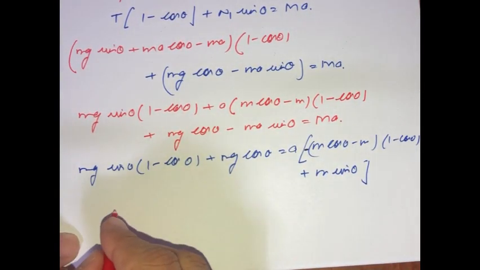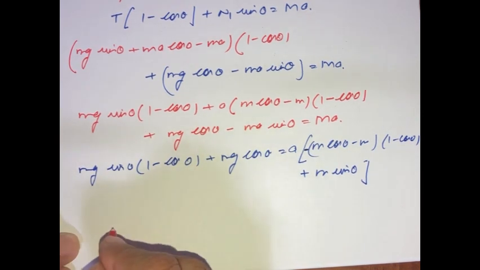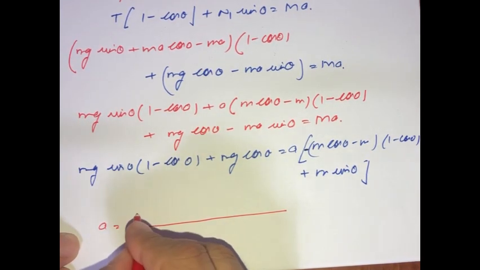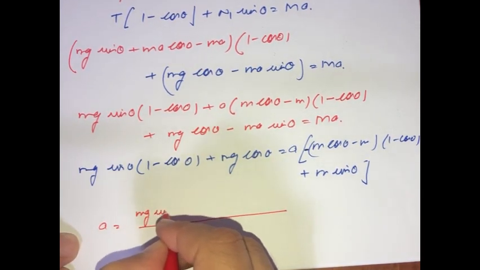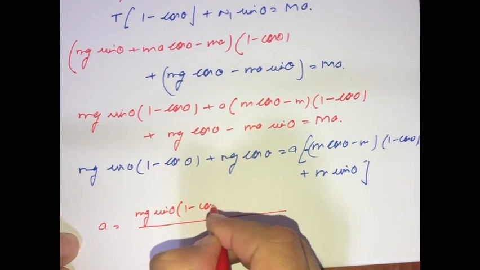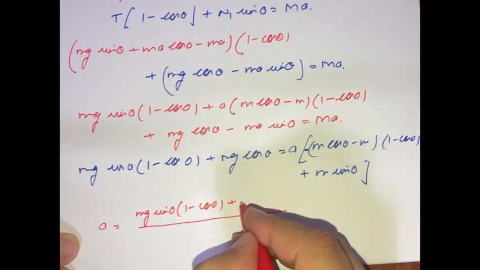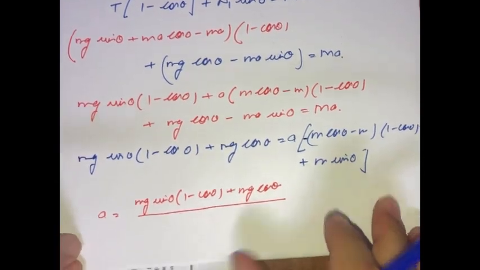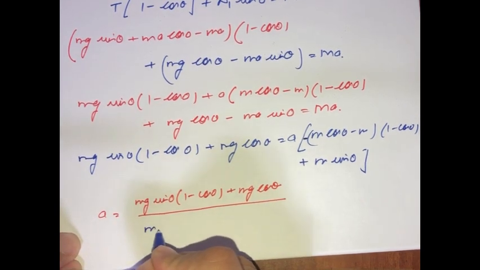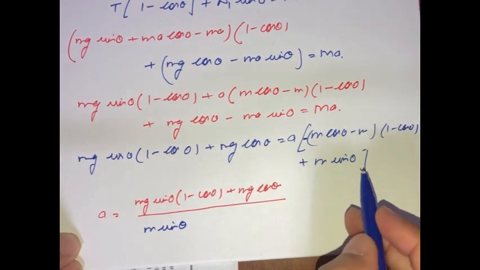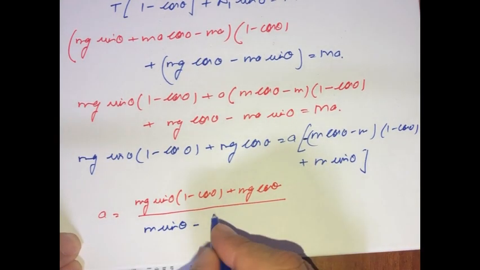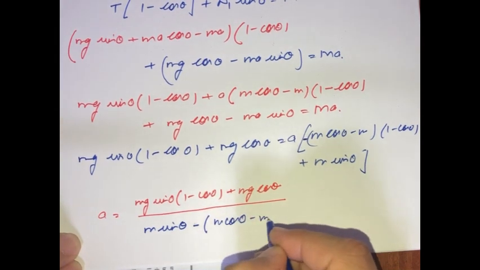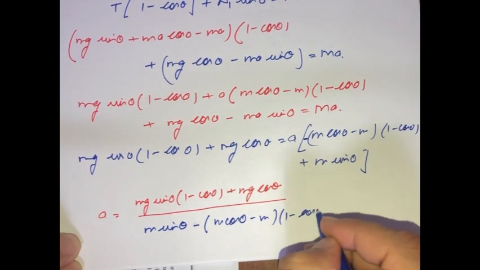So we can say that a will be equal to mg sin theta 1 minus cos theta plus mg cos theta divided by m sin theta minus m cos theta minus m and 1 minus cos theta.